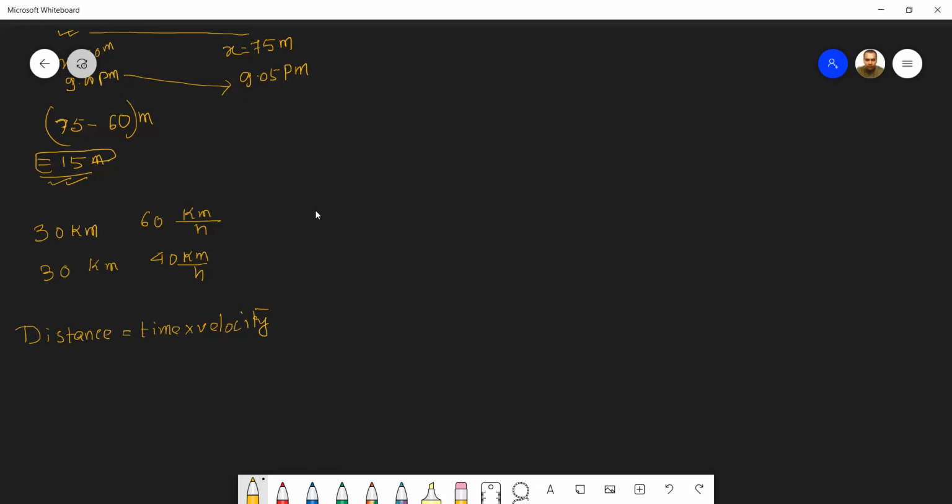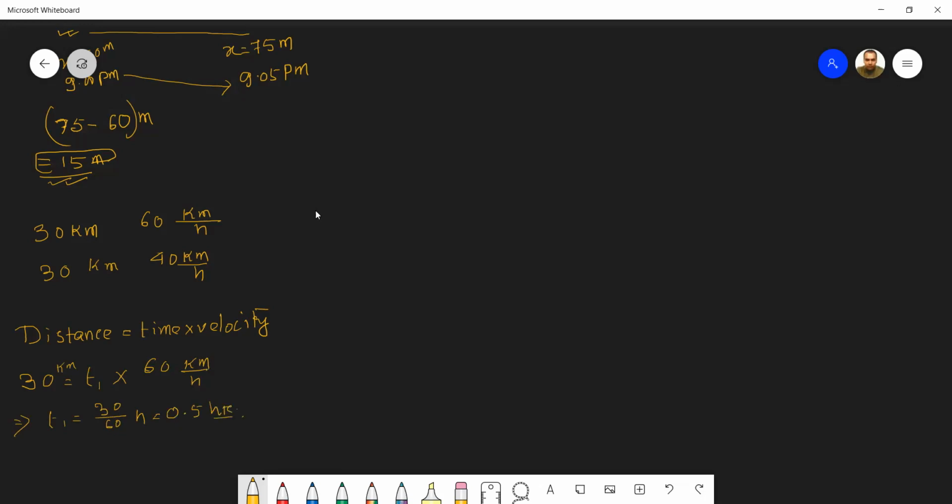So in the first case, what is the distance? That is 30 kilometers. Time, consider t1, multiplied by velocity, 60 kilometers per hour. So distance is 30 kilometers, so 30 over 60. This gives us t1 equal to 30 over 60 hour, which is 0.5 hour.